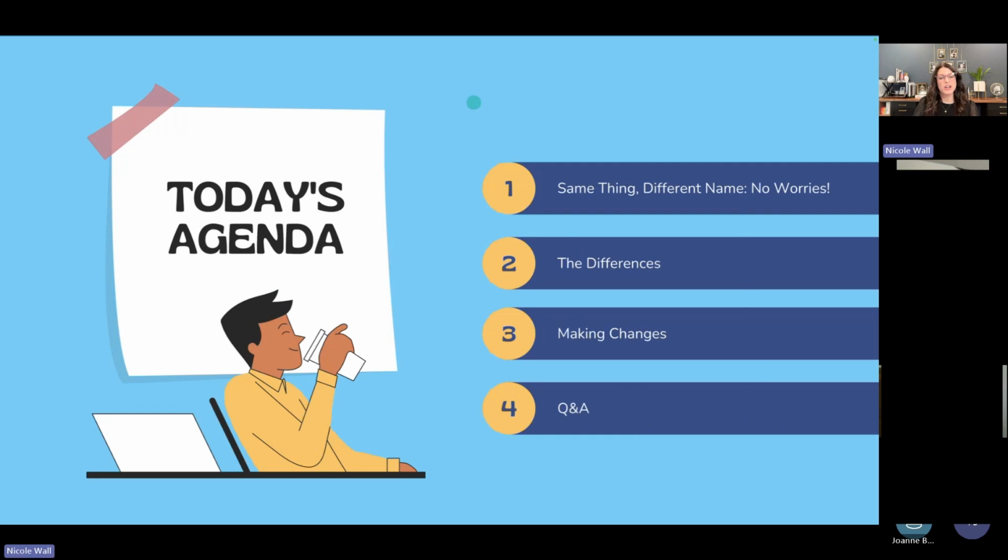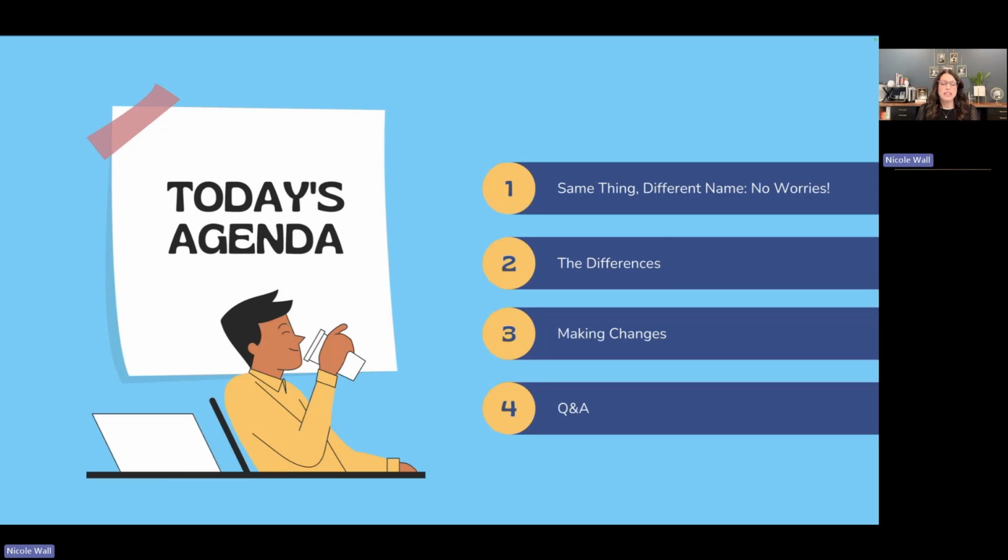Okay, so what we're going to go over today is, what are all those different names? We hear Medicare Advantage being called a handful of things, Medicare Supplement being called a handful of things. So we'll go over that. Then we're going to dive into the specific differences of each plan and go over the pros and the cons and really hash that out.